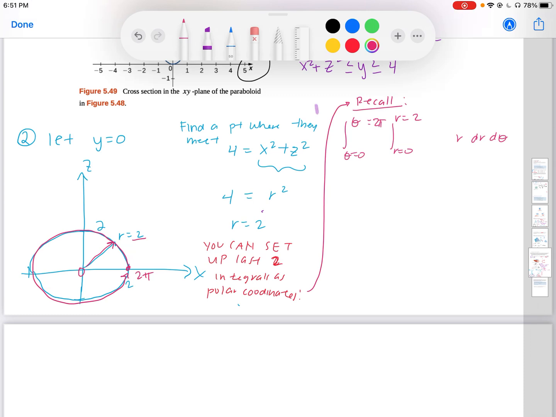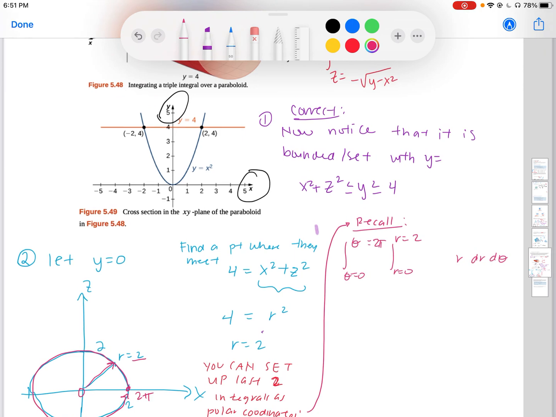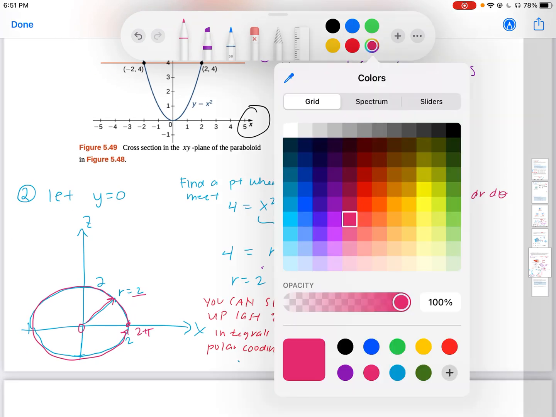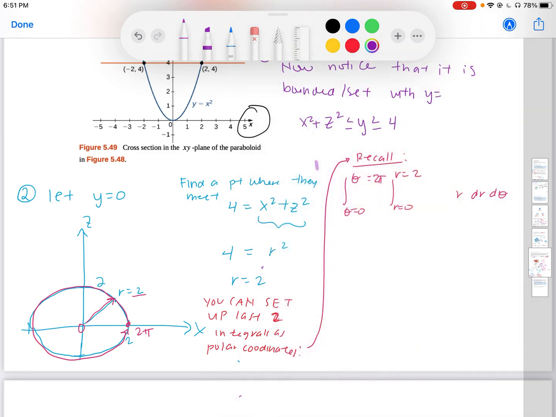Now we need to sandwich that. That's like your bread. And on the inside goes that first integral. So I first need to set up that integral that we set up for y. So let me try to write that in purple since I wrote that in purple. So I have my integral for y, which was y is from 4 to x squared plus z squared, and my equation is x squared plus y squared, right?